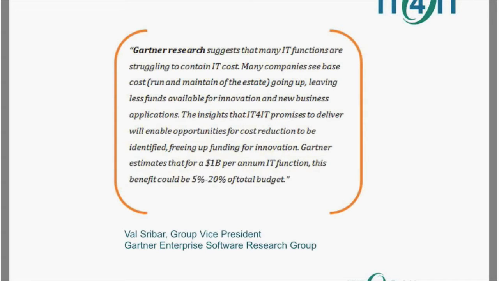And you can see here their estimate is that if we can, and you think about for a $1 billion IT budget, improvements in efficiency could be as much as 5 to 20% of your total budget. So you can do the math and see what that would mean to new investments in new programs and people to deliver that.